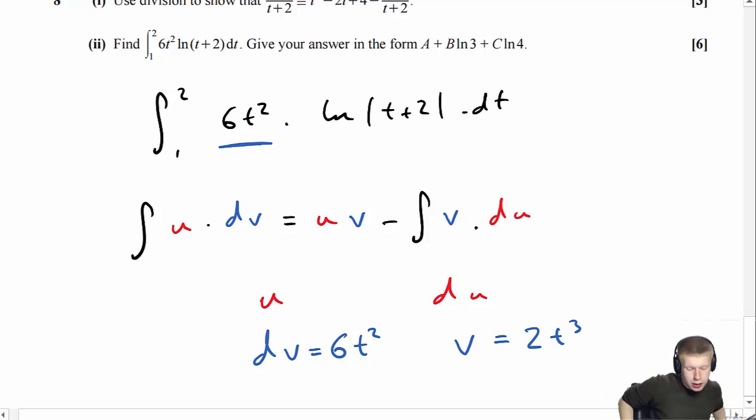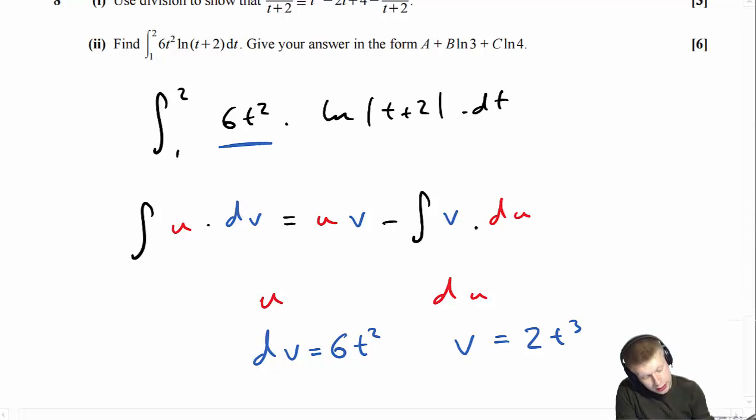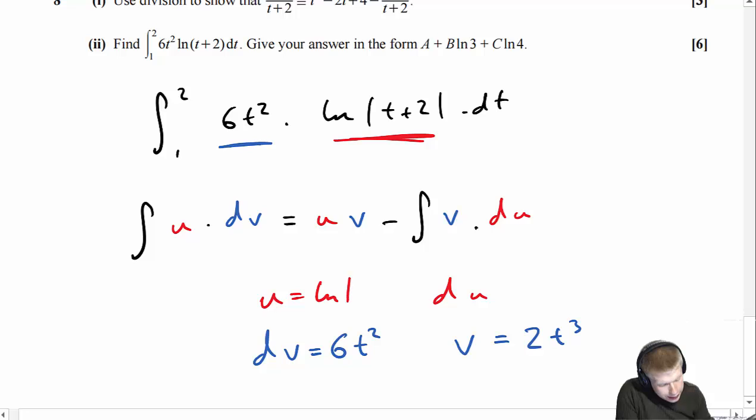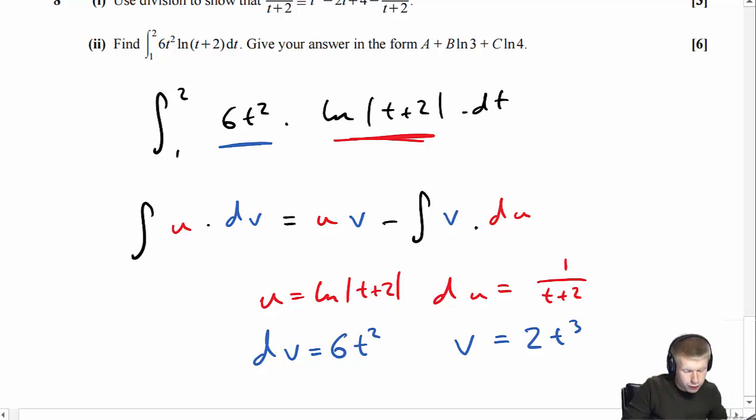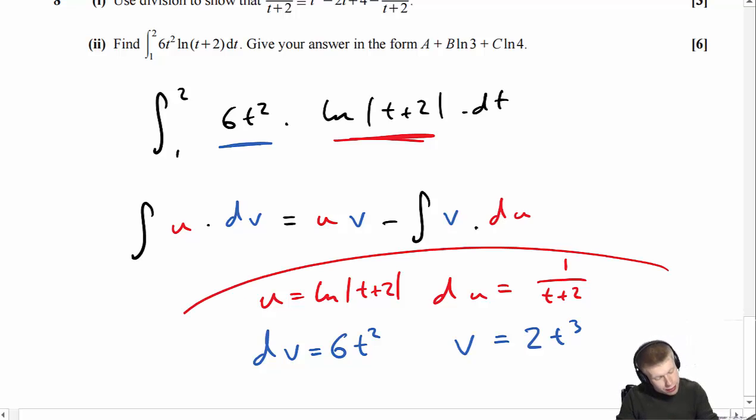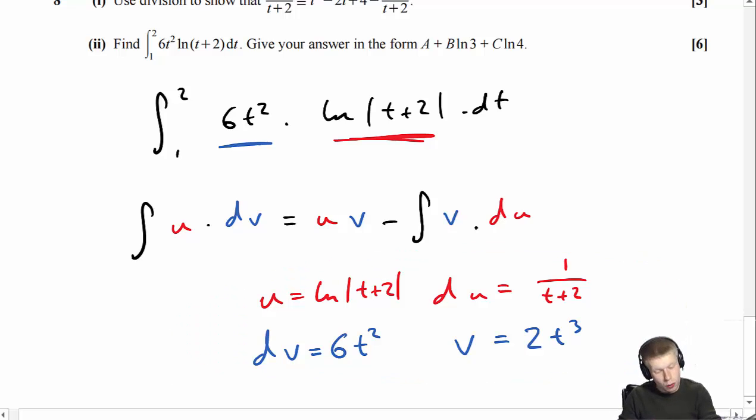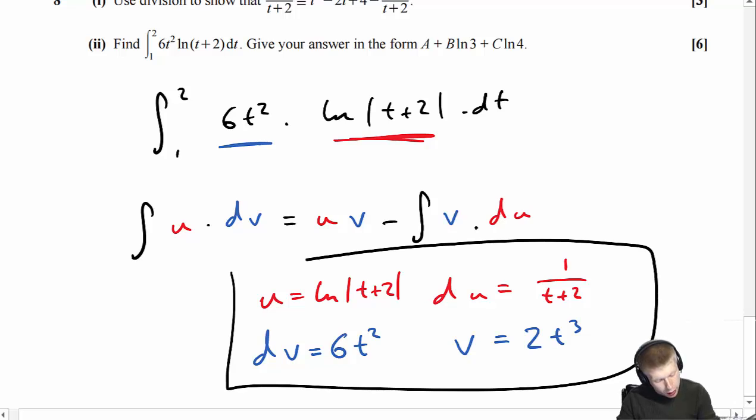So v becomes 2t cubed, okay? And then u must be my other function, so ln of t plus 2. Well, what then is the derivative of the natural logarithm of t plus 2? That's what du is. Well, you're happy it's just going to become 1 over t plus 2 multiplied by the derivative of t plus 2, which is just 1. So that's fine, okay?